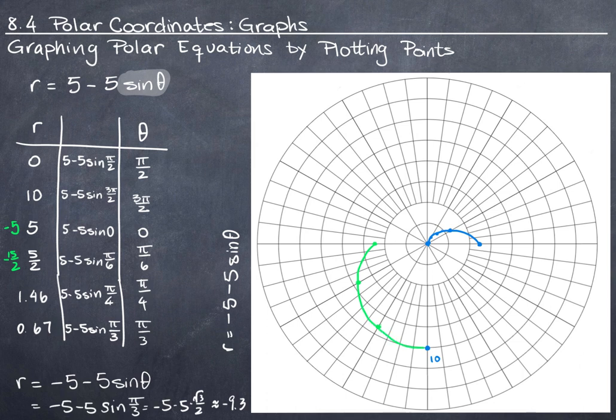Now, what you can't really see here is that we're using the same input values, and we're getting output values for our positive 5 minus 5 sine theta in white, and r values for our negative 5 minus 5 sine theta in green.